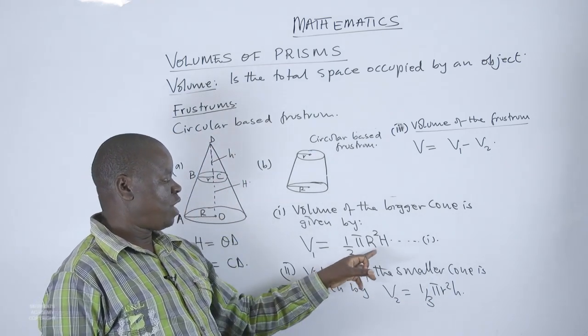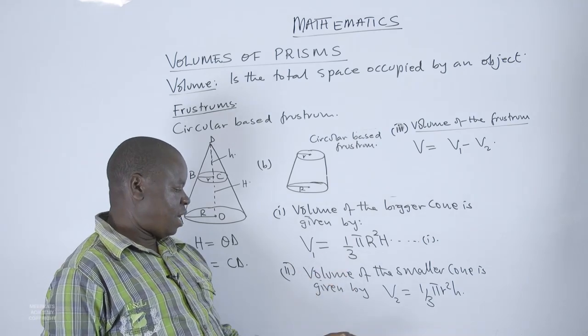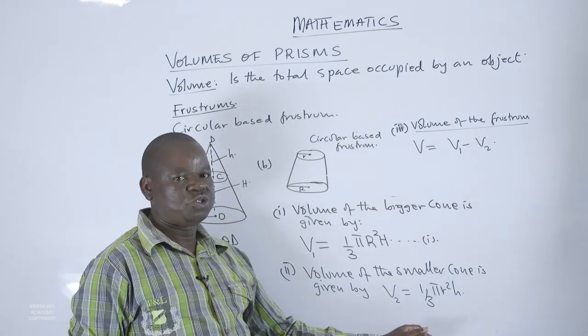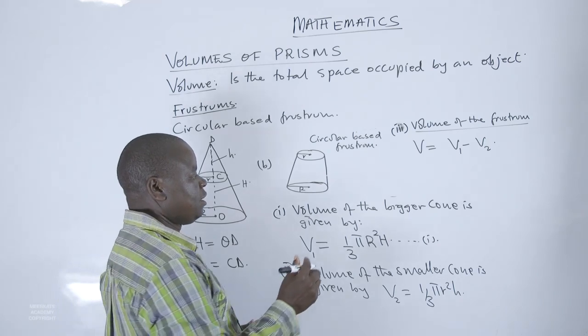Where there is V1, we substitute with this, and where there is V2, we substitute with that.